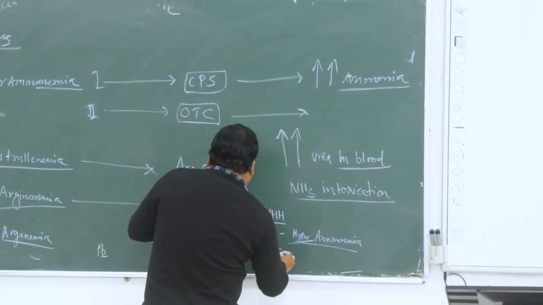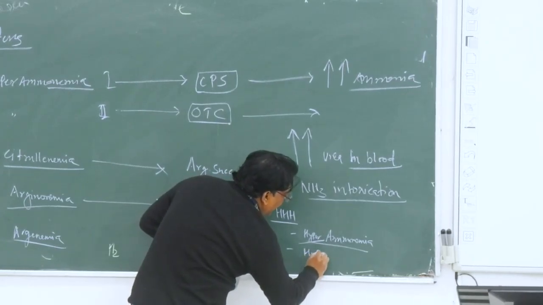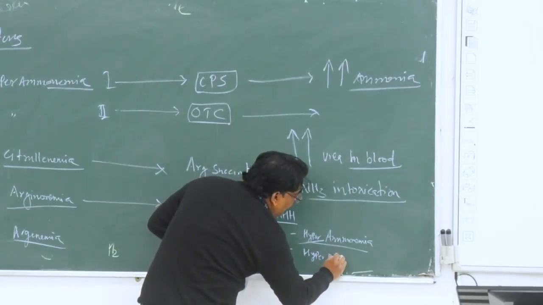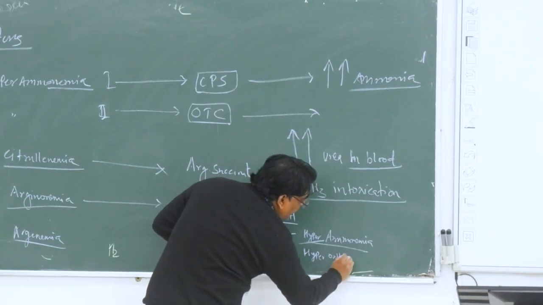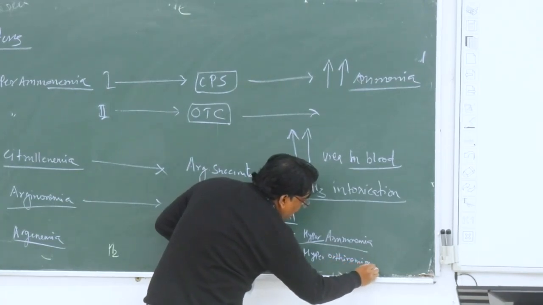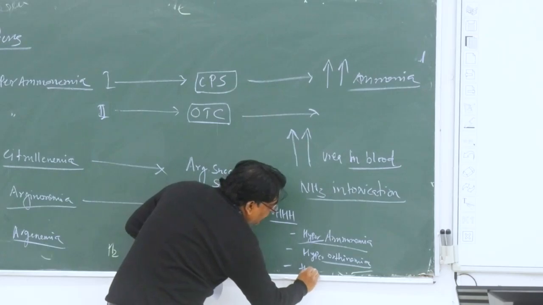Second is hyperornithinemia, ornithinemia. And homocystinuria.